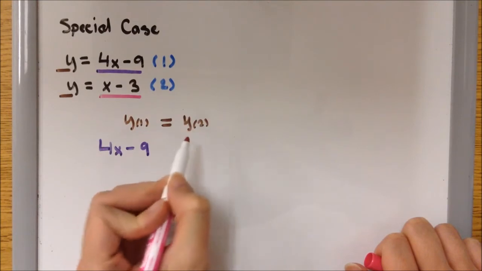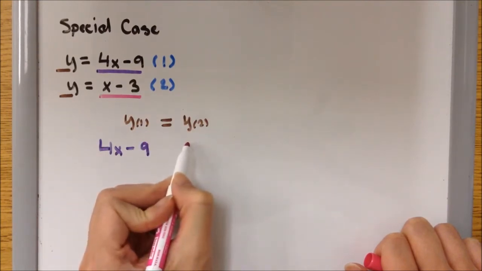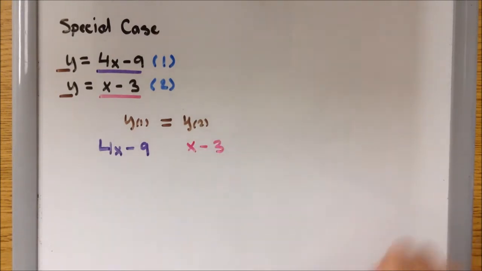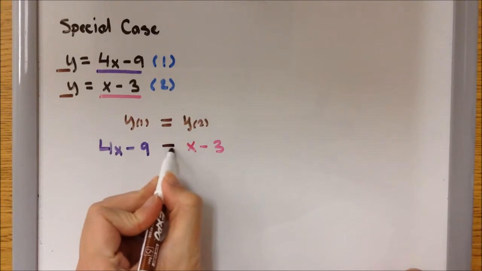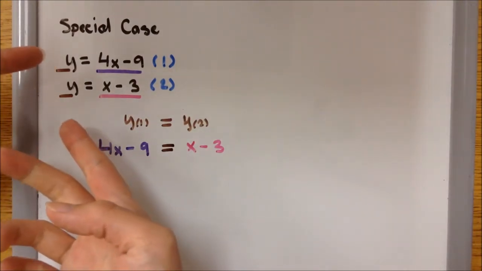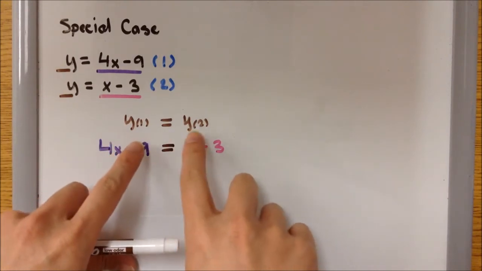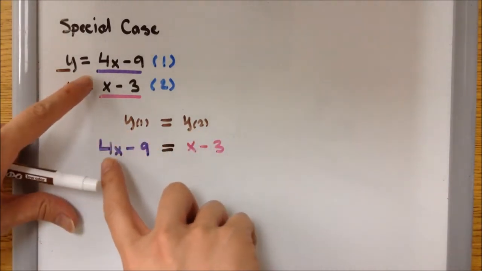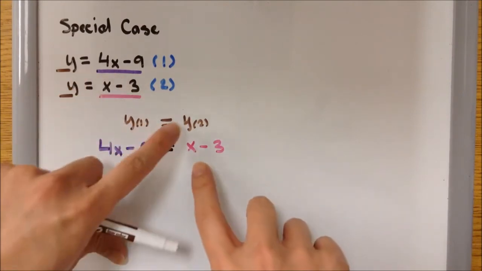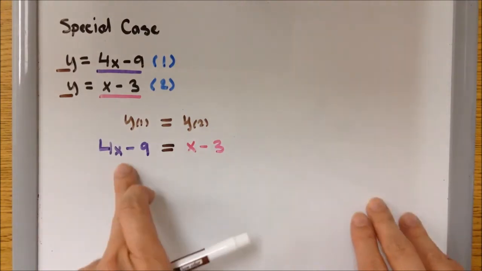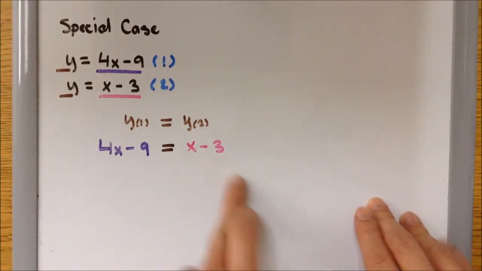So for y2, I'm going to substitute with x minus 3. Again, if they're both equal to y, then basically y1 equals y2. So for y1, I substitute with 4x minus 9, and for y2, I substitute with x minus 3. So now we have 4x minus 9 equal to x minus 3.